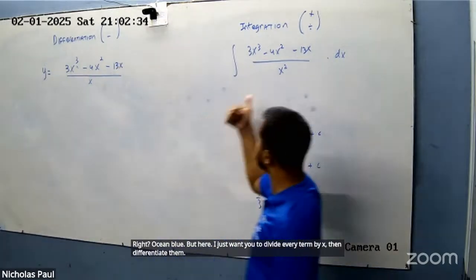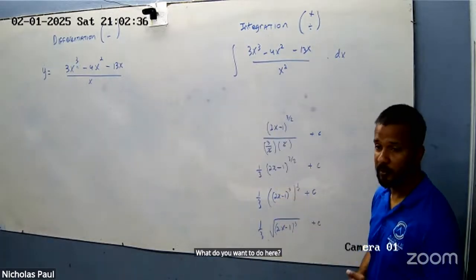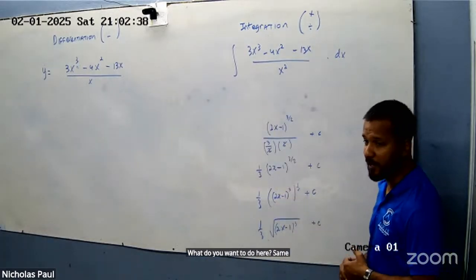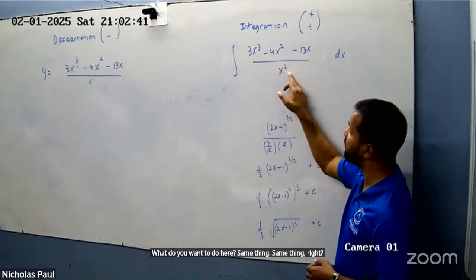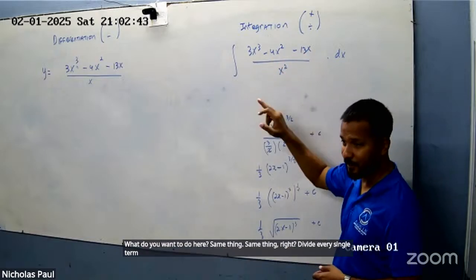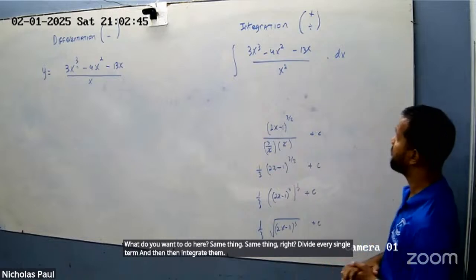What about here? What do you do here? Same thing, right? Divide every single term and then integrate them. Okay? Try that quick.